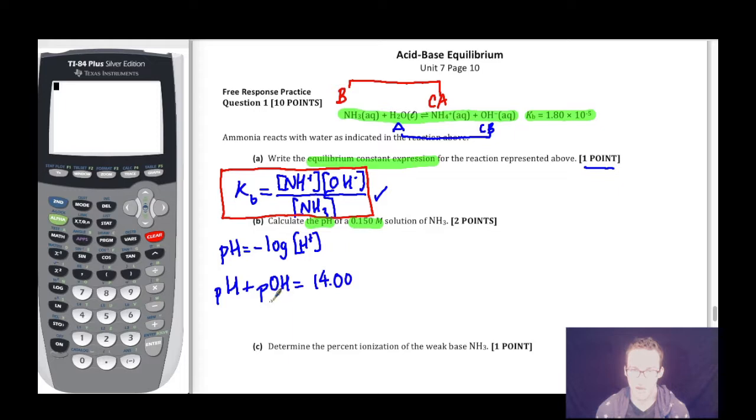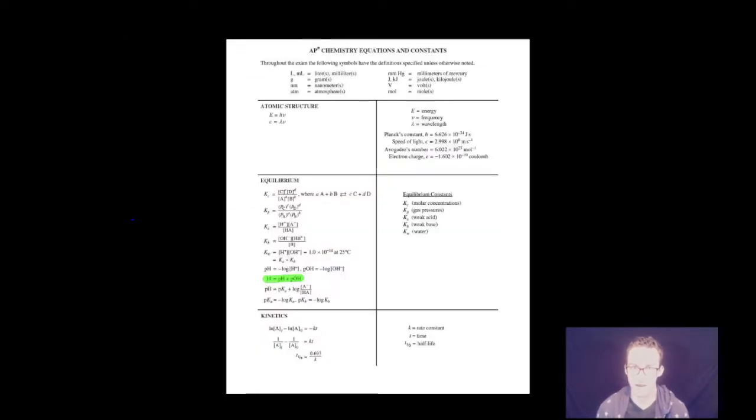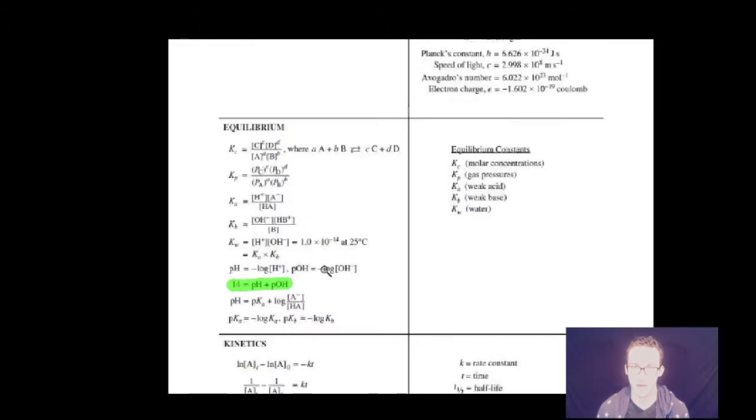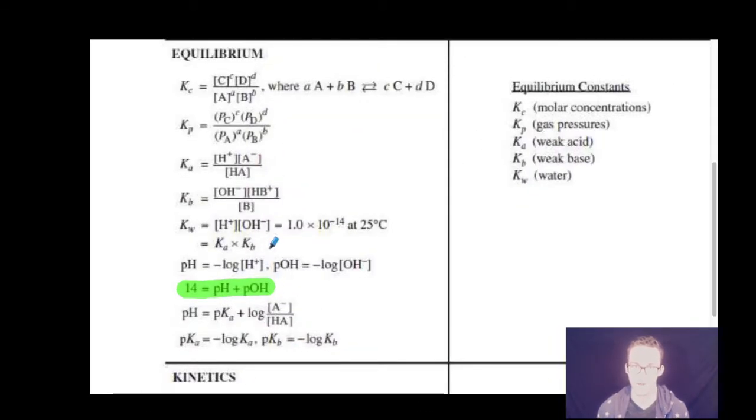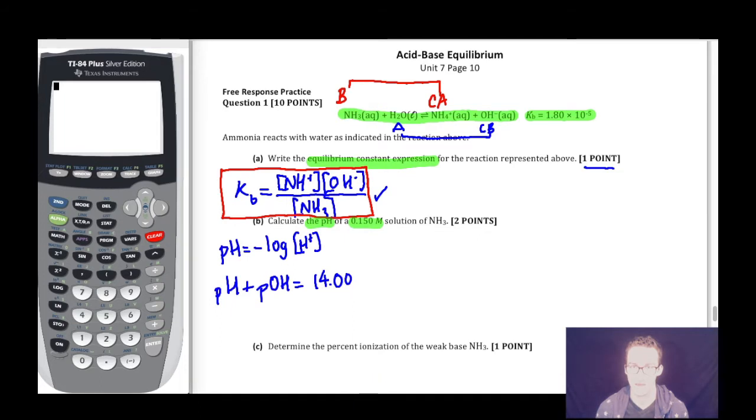And so then the question becomes, well, how do I figure out what the pOH is? Once again, as you take a look at your formula chart, we've got an equation for pOH, very similar to the formula for pH, which is equal to the negative log of the hydroxide ion concentration. So once again, I'm putting another formula there, pOH is equal to the negative log of hydroxide ion concentration.